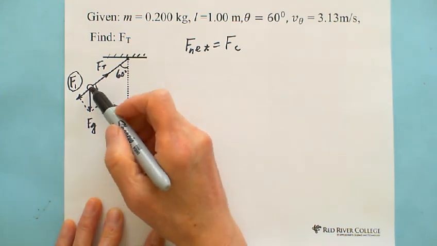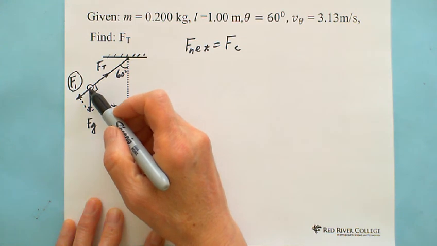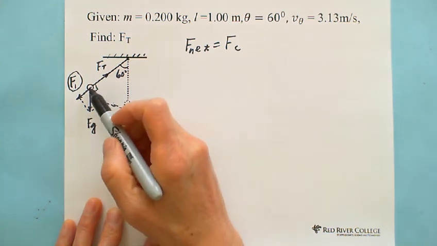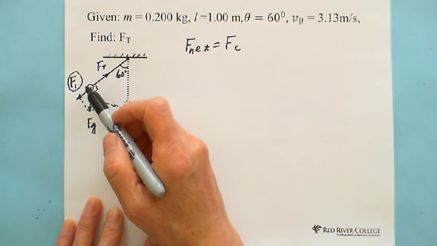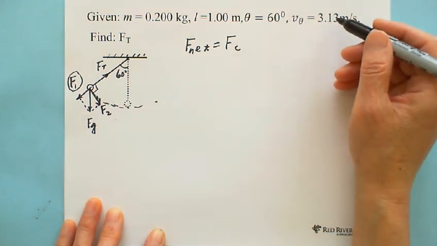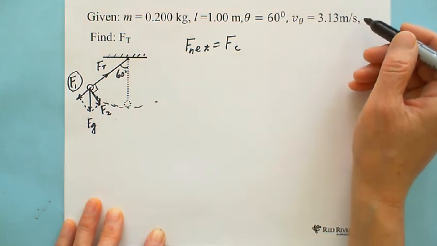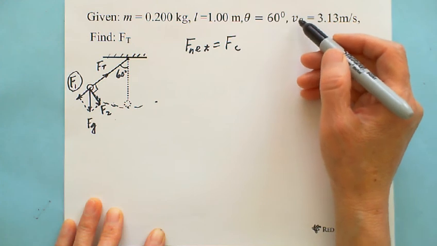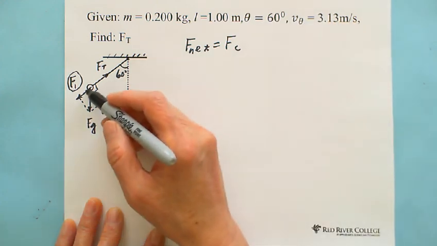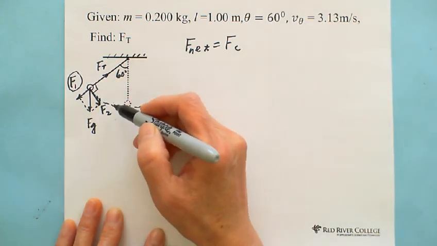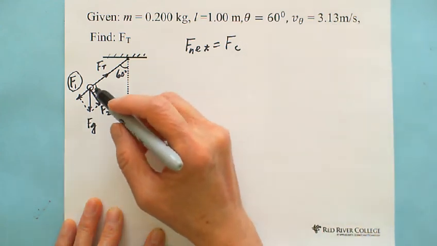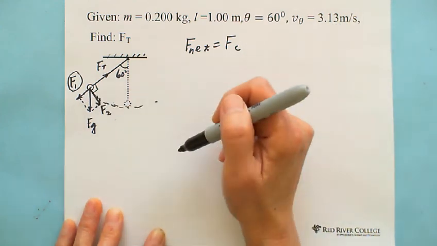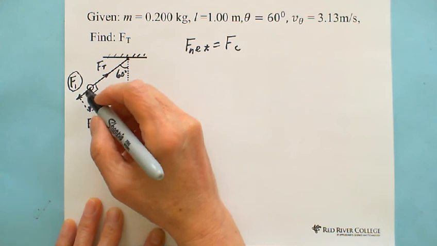That's why I said this question needs the instantaneous velocity: you're given the instantaneous velocity of 3.13 meters per second at this moment. Now theta equals 60, because every moment the velocity is different, but we use this formula to solve instantaneously. So we only need to find F1.